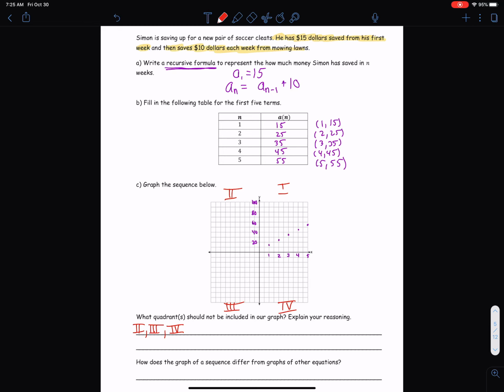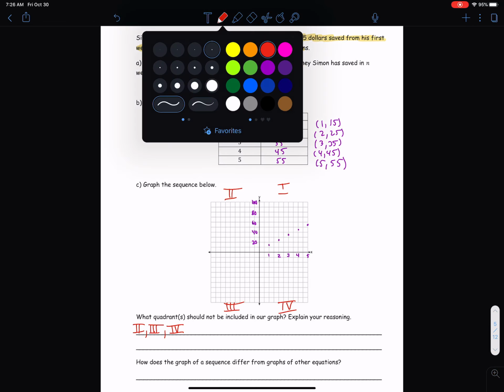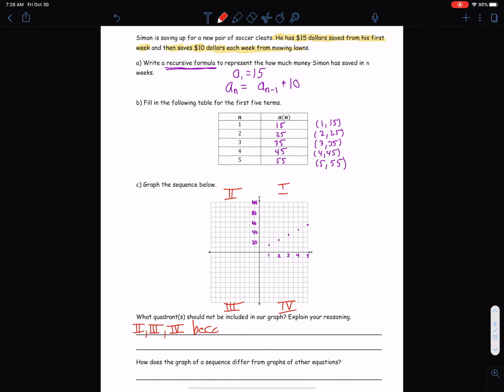So I'd say because you cannot have negative time. And sometimes you will have negative money if you're losing money, but Simon's only making money right now.